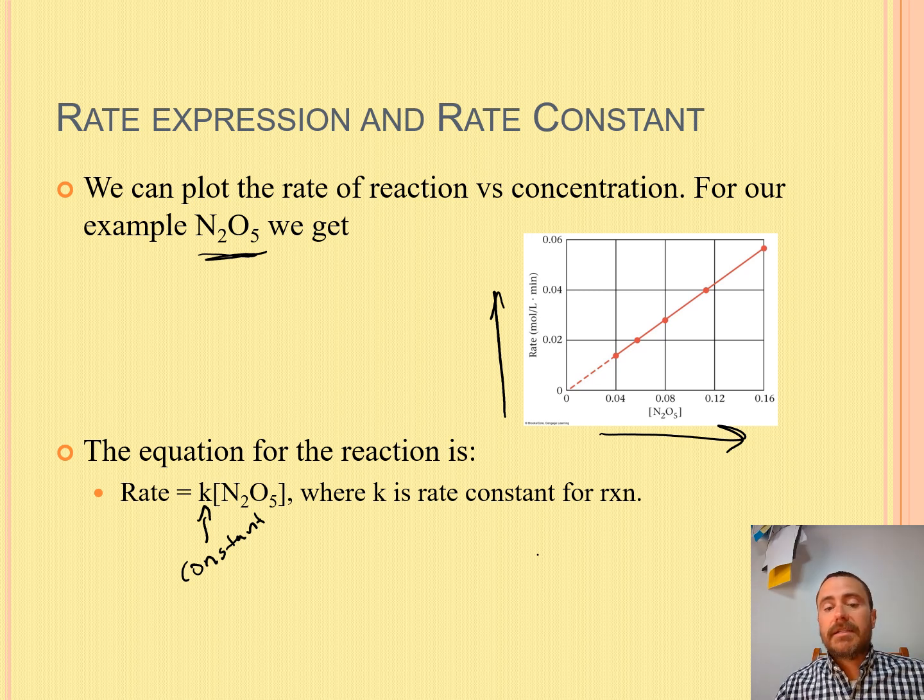This is a constant that is specific for this reaction itself. So we're going to call this lowercase k the rate constant for this reaction. Notice the rate is equal to k times the concentration of our N2O5, the concentration of the reactant in this case.